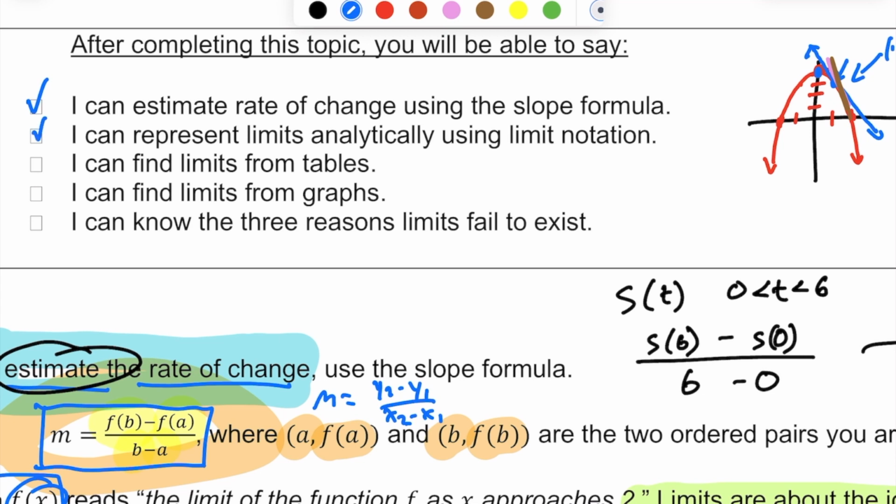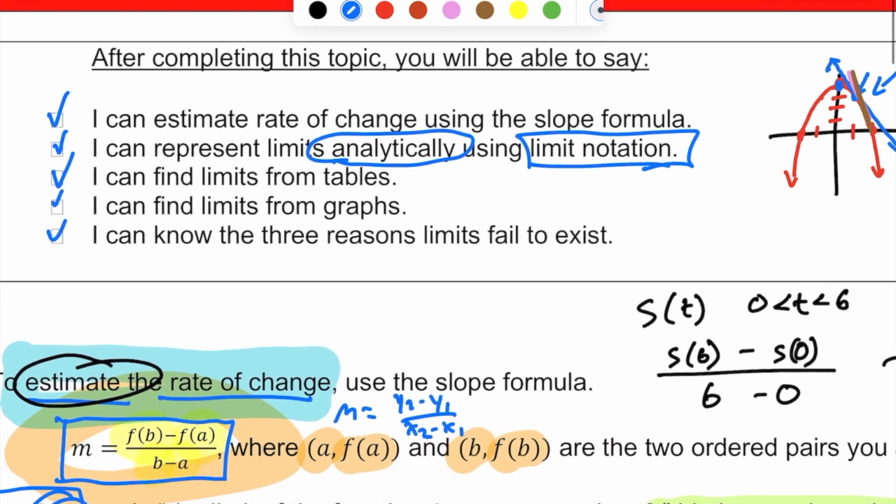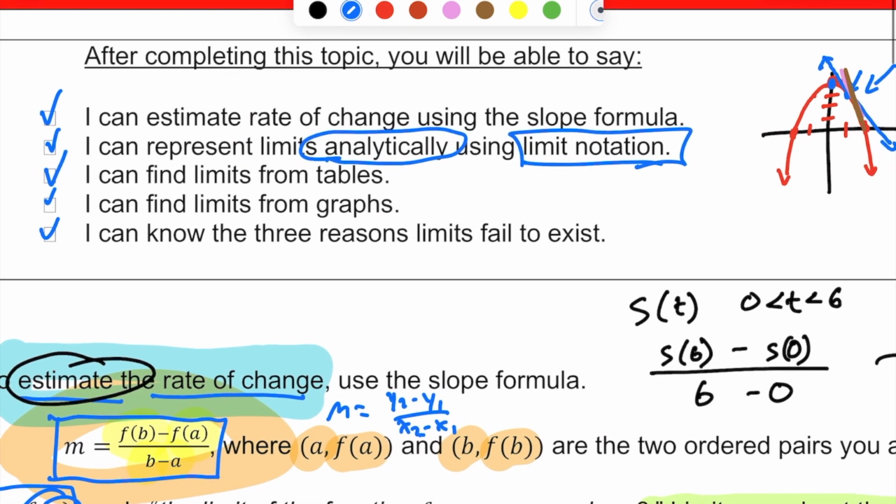You can represent limits analytically using limit notation. That just means you can say the limit of a function using our limit notation, brand new for you if you're new to calculus. Find limits using tables, find limits using graphs, and knowing the 3 reasons that limits fail to exist. All right, there's your first lesson of calculus, and I just want to say good luck.